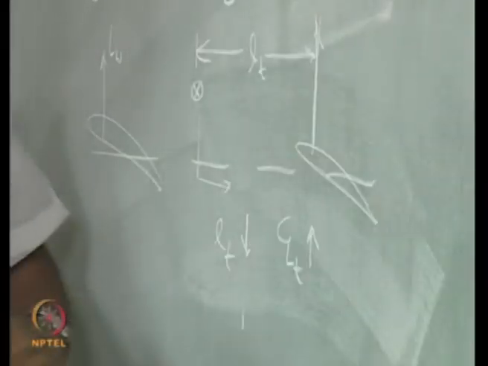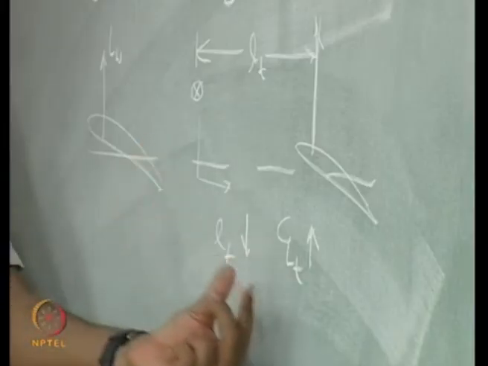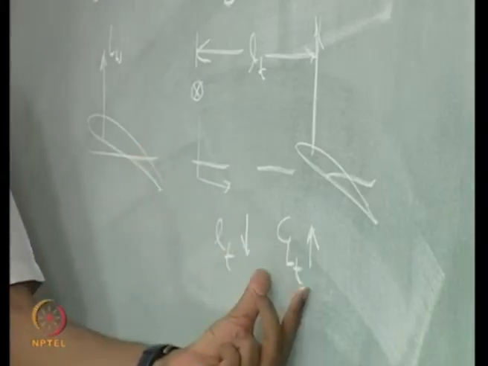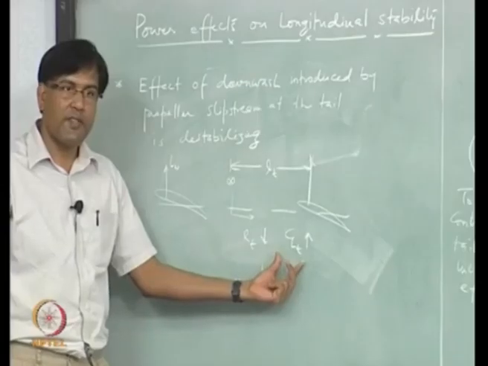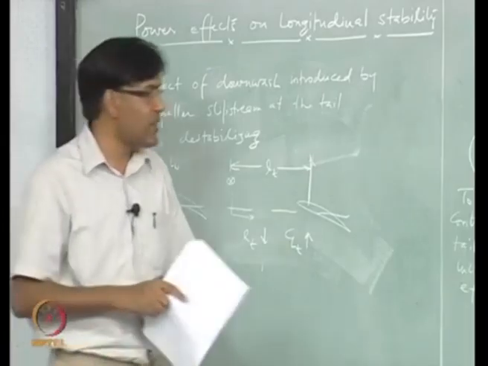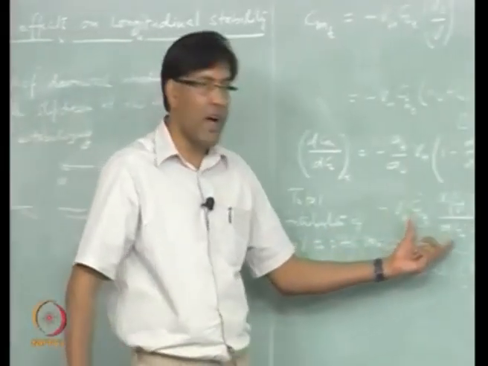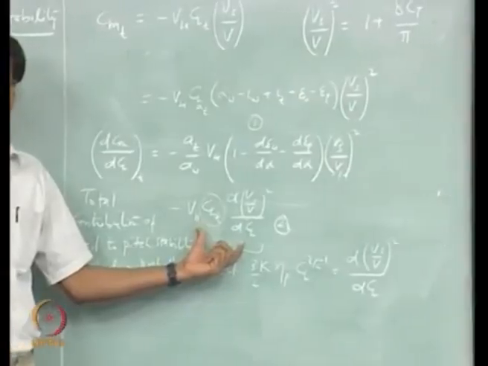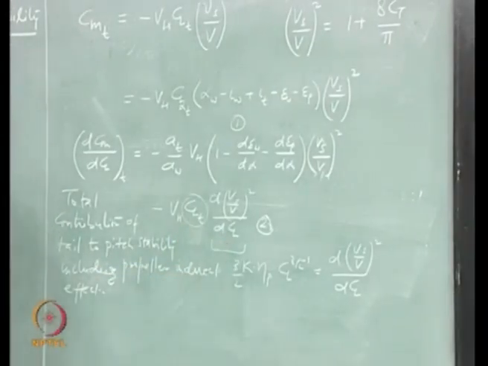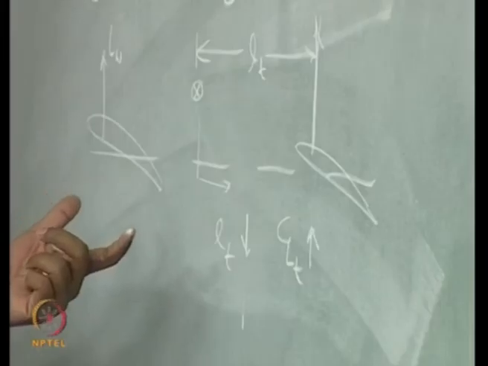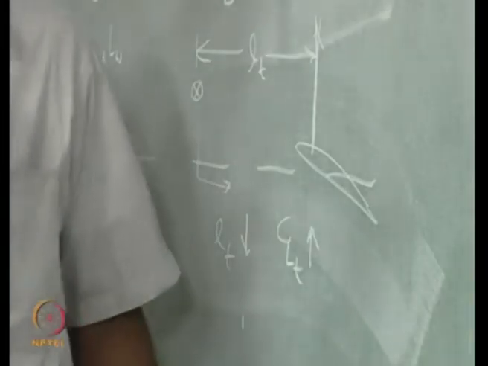Okay, so when I am increasing the lift at the tail to trim the aircraft, then actually I am adding to the stability through this term. So it is compensating for the loss of stability which is coming because of the wing, right. So it is actually adjusting the stability.